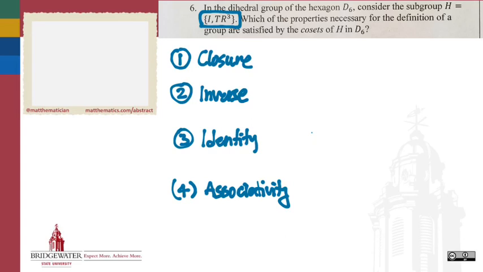If I were to take these two elements, I and tr cubed, that forms my subgroup, H, right? And so then one of the cosets of this would be tH, and it would have elements t and tr cubed, right?